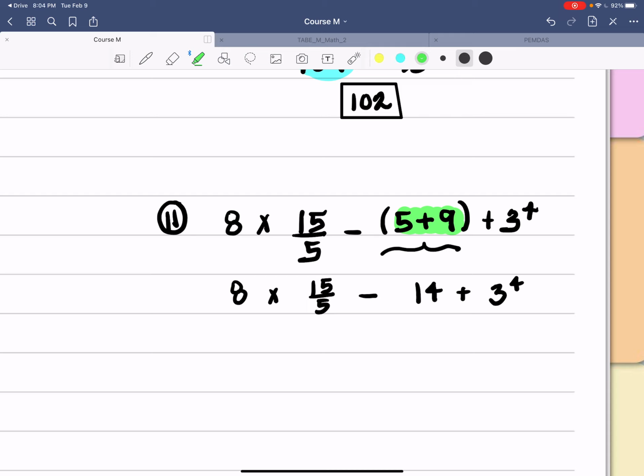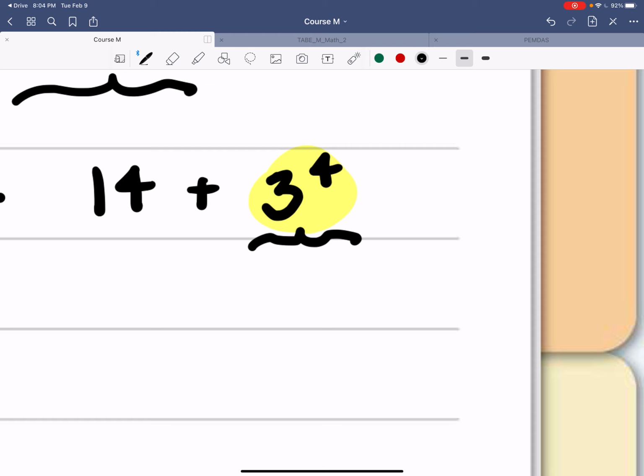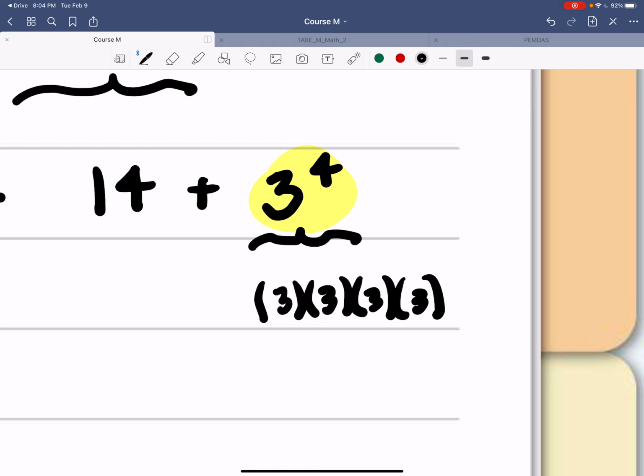Exponents are next, which is this power right here. Now, we've seen 3 to the 2nd power, but this is 3 to the 4th power. So we've got 3 times 3 times 3 times 3. Or you can just hit that calculator key from the tutorial.